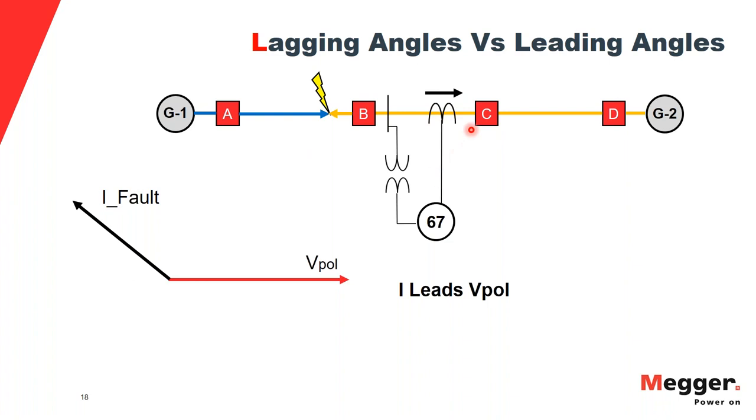What happens? The fault current was reversed, meaning that it took a 180-degree shift. In the previous slide, where the fault was between transmission line C and D, I had my current here. When I have a fault between transmission line A and B, there is a 180-degree flip that you can see here.